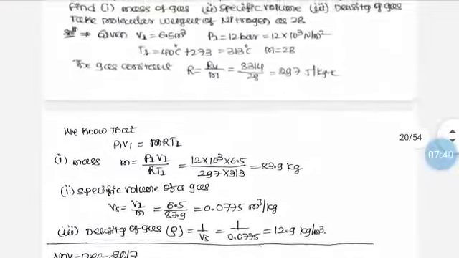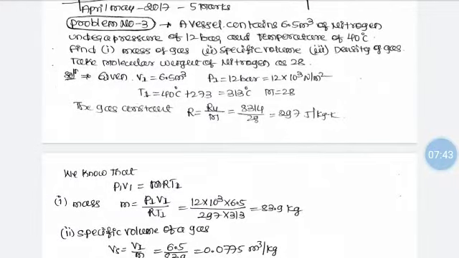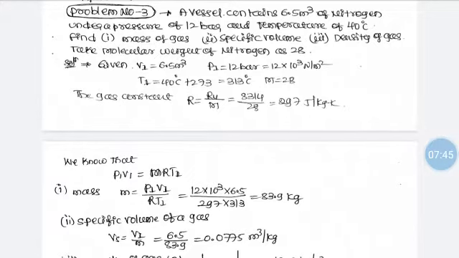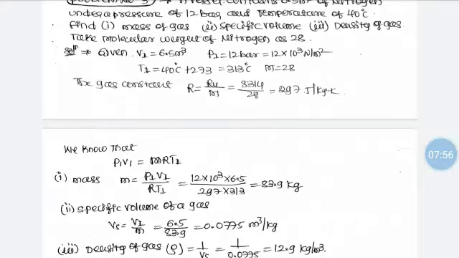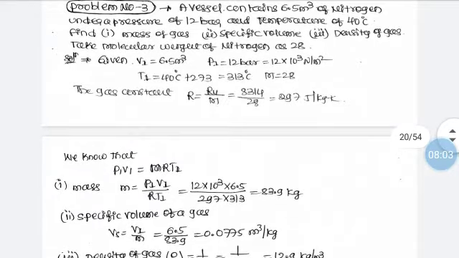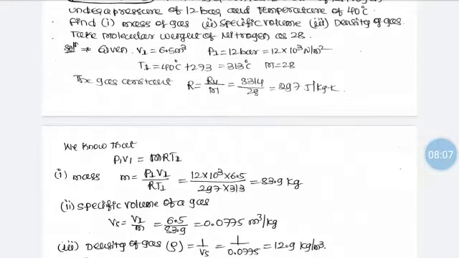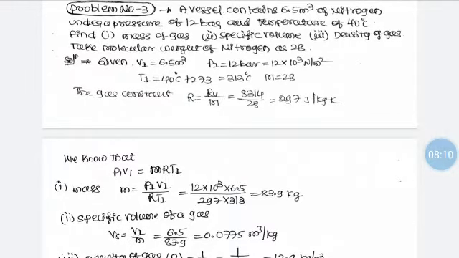So firstly the given data: V1 is 6.5 meter cube, P1 is 12 bar, which we have to convert into Newton per meter square. So 1 bar is equal to 10 raised to 5 Newton per meter square, so 12 bar is 12 into 10 raised to 5 Newton per meter square. The molecular weight of nitrogen is 28, and T1 is equal to 40 plus 273, which is 313.